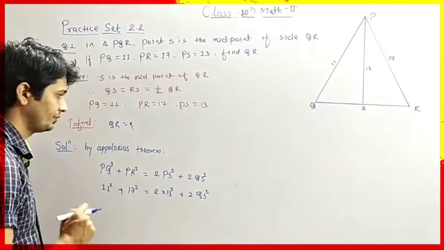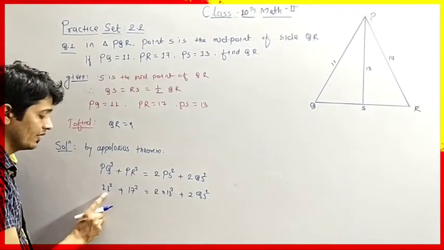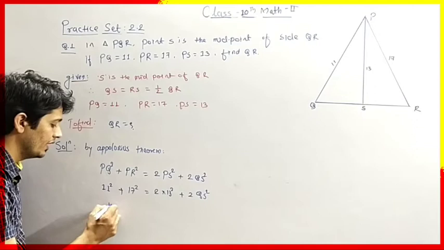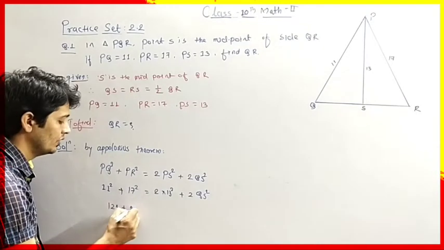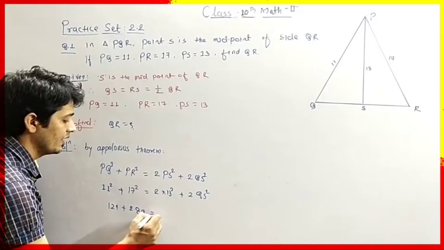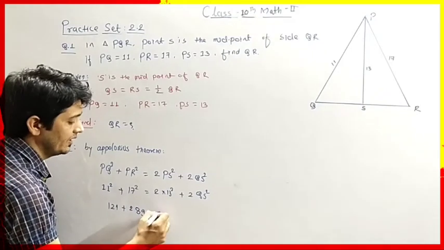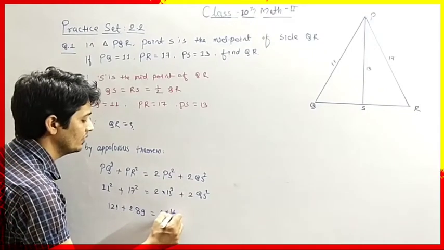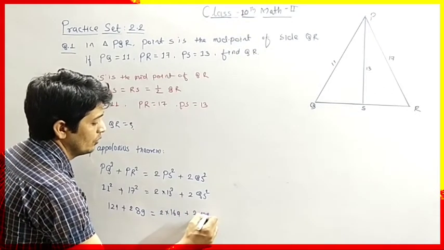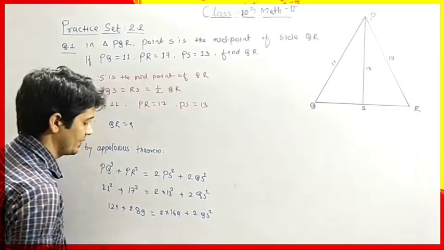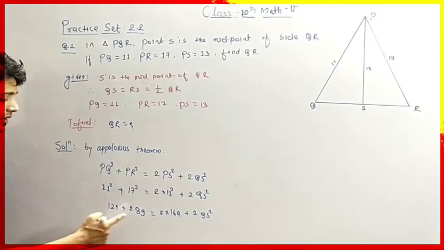Then 11 square is 121 plus square of 17 is 289 equals to square of 13 is 2 into 169 plus twice of QS square. So we have to add.